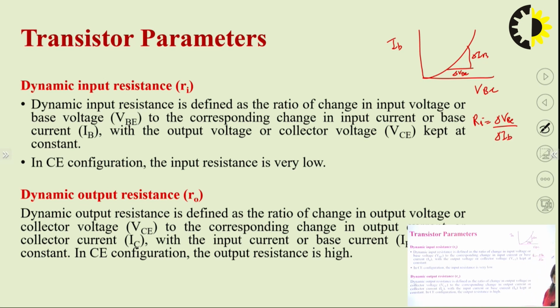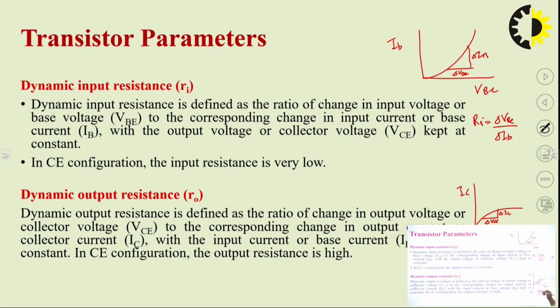And dynamic output resistance: we have seen the output characteristics are like this. Here it was VCE and here it was IC, and if we find the resistance here, this part is delta IC and this part is delta VCE. So it would be delta VCE upon delta IC. This is the output resistance.